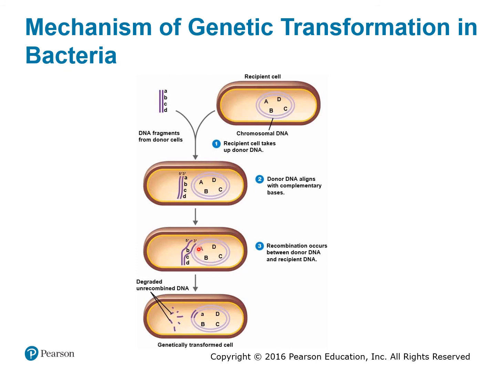recombination is going to take place, where that piece of donor DNA is going to integrate itself with the recipient's DNA. And now you have a bacteria cell that contains genetic information that it didn't have before. So now this bacteria carries extra genetic information.